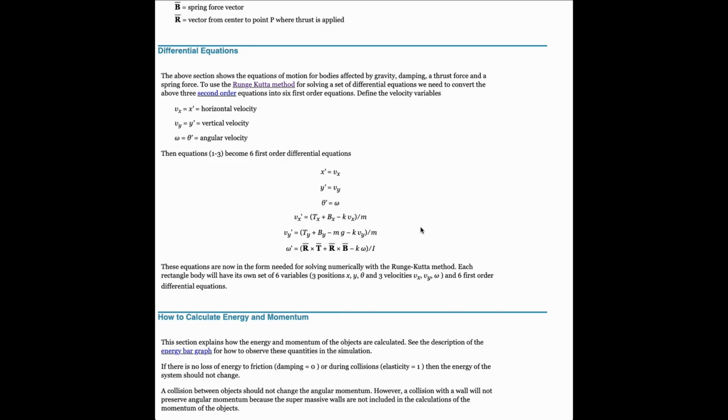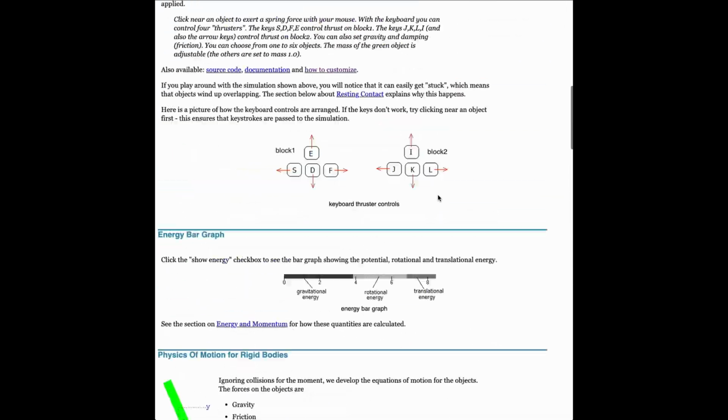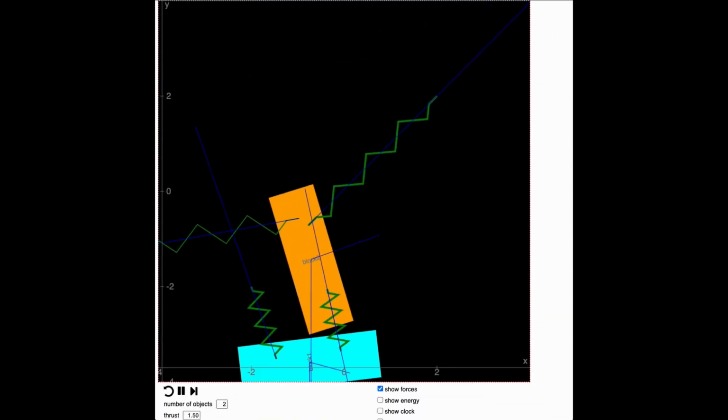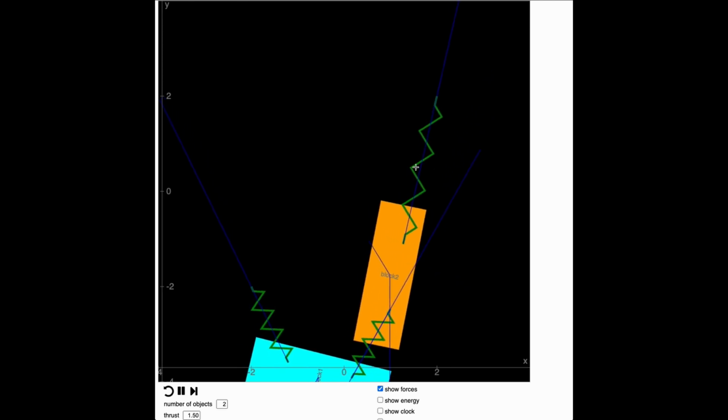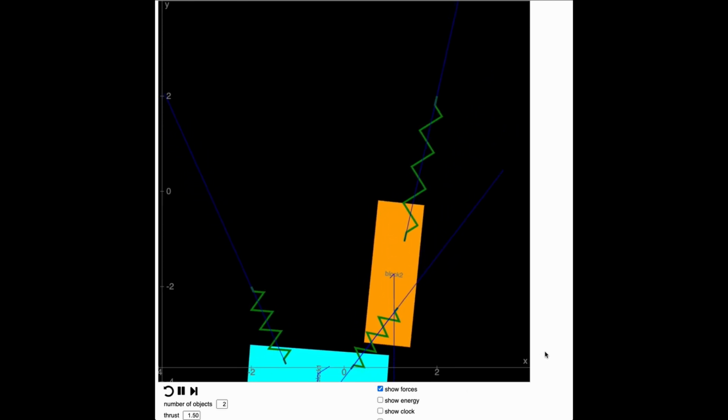However, this is where things get complicated. The forces give us acceleration, which is how much velocity should be changing. Velocity gives us how much the position should be changing, including rotational position and rotational velocity. But if you take a look at something like springs, that force is dependent on the position of the objects.